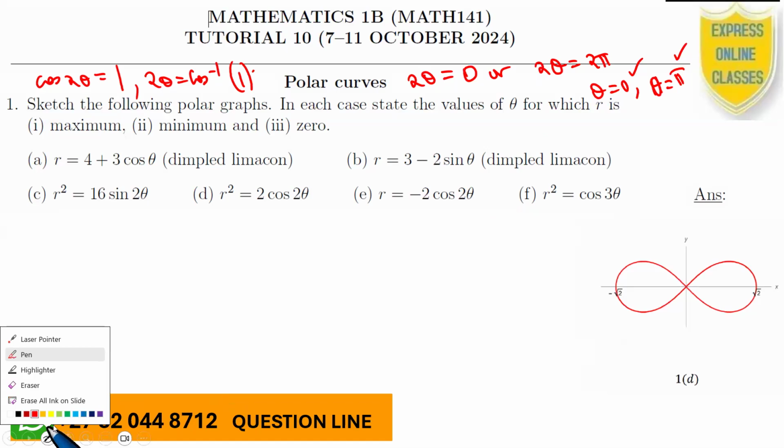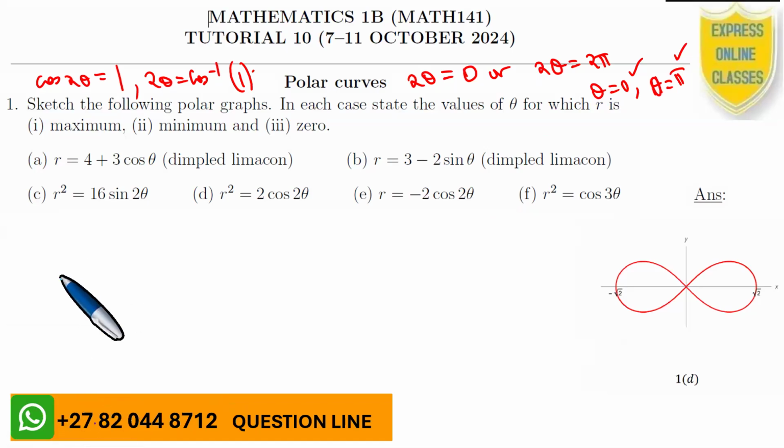Okay. So let us look at this. Let us draw a little table here.